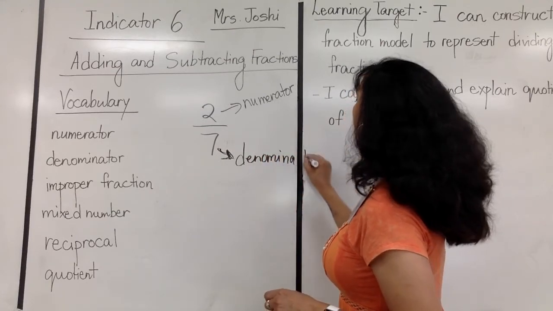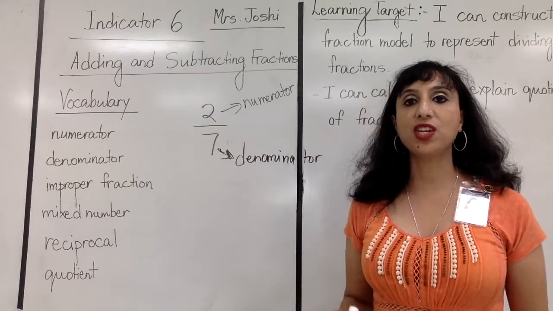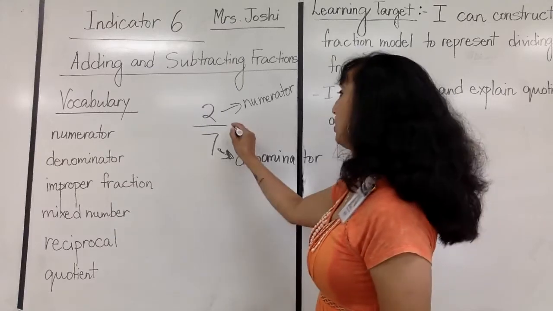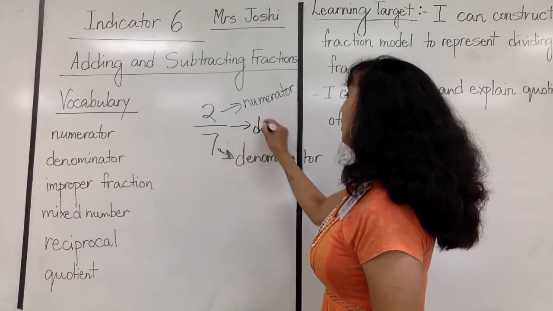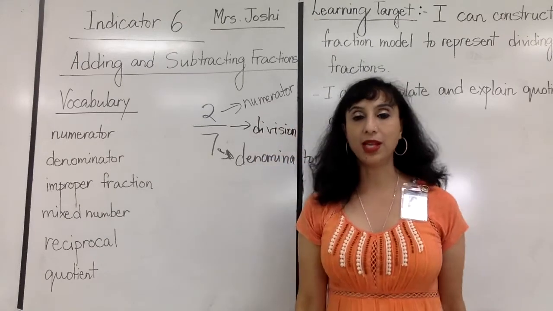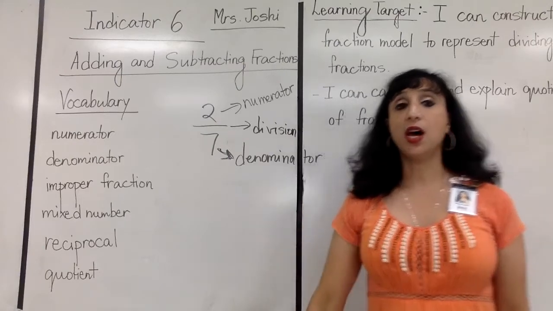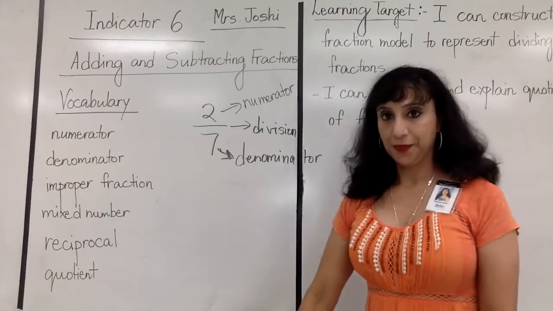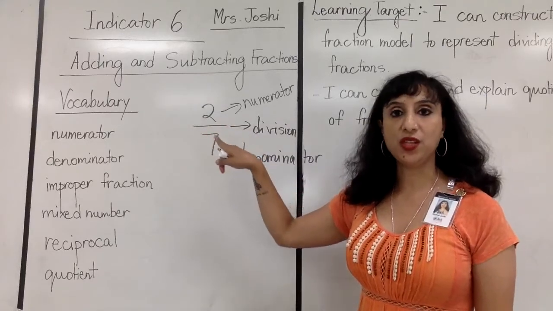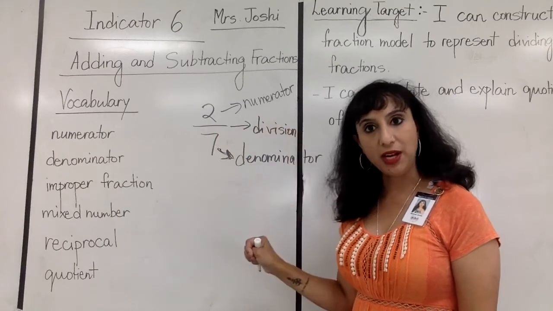Please remember also that the fraction line signifies division. Okay, so this line actually signifies division. That means 2 divided by 7, or you can write 2/7. Okay, so now, improper fraction. This is a proper fraction. A proper fraction is one in which the numerator is smaller than the denominator.